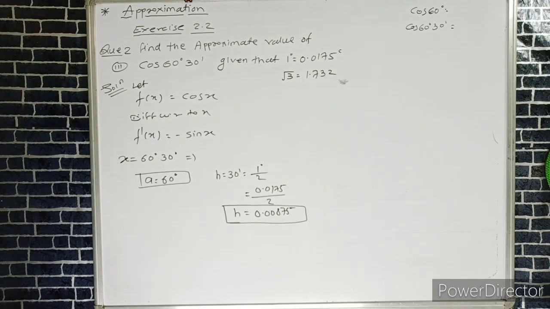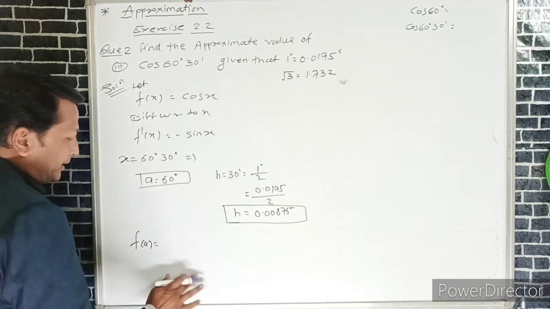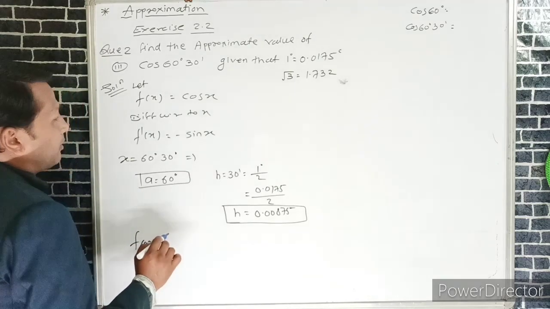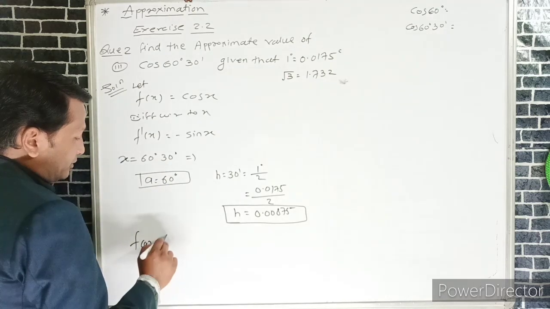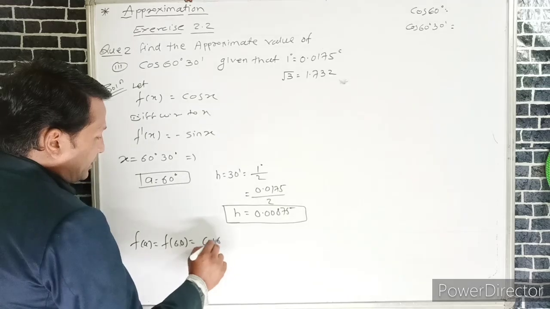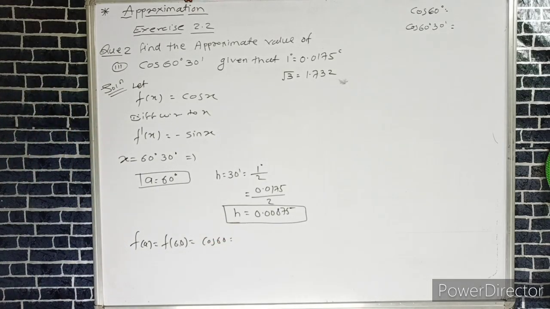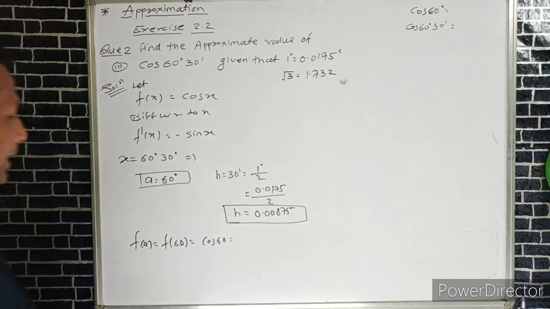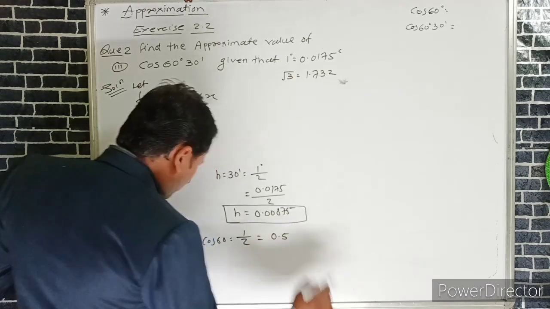So here a is equal to 60 degree and h is equal to 0.00875. The value of f of a, where f of x is cos x, when a is 60 degree is cos of 60, which is cos of pi by 3, that is 1 by 2, or 0.5.